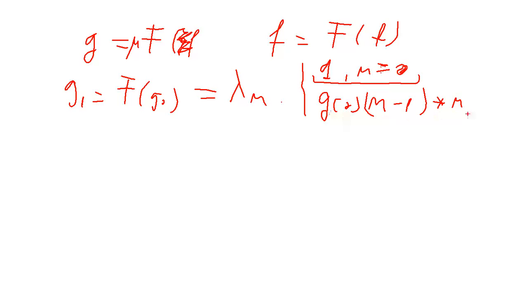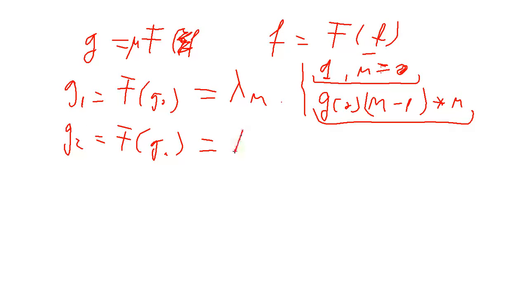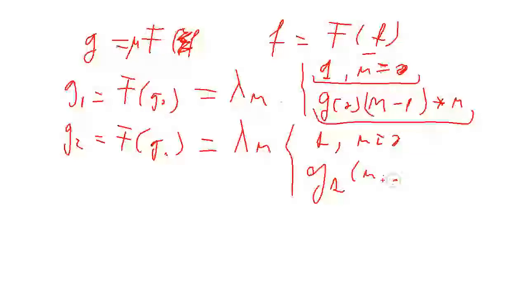Well, I have at least one value defined here. G0 is defined for nothing, so whenever I get values greater than 0, this is undefined, but it's at least defined for one value. So it's correct to say that F applied to G0 is G1. Then G2 is F applied to G1, which is lambda n, 1 for n equal to 0, and this time G1 of n minus 1 times n. For how many values is G2 defined?